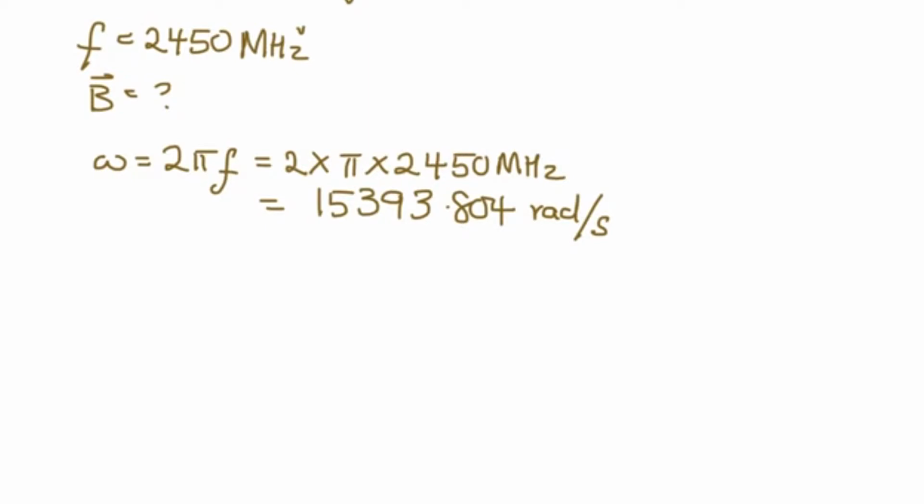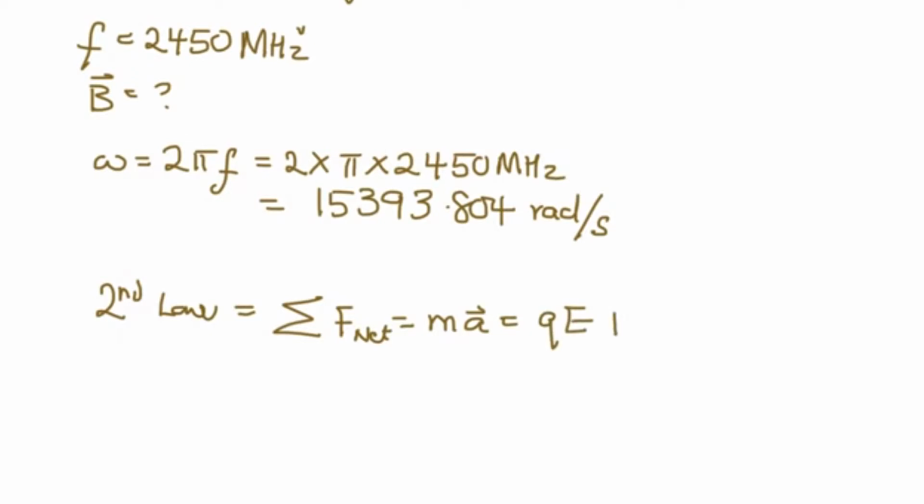From Newton's second law of motion, the net force, which is the product of the mass of the particle and the acceleration of the particle, is equal to the combination of the electric force and the magnetic force, which is the charge times the velocity cross the magnetic field.